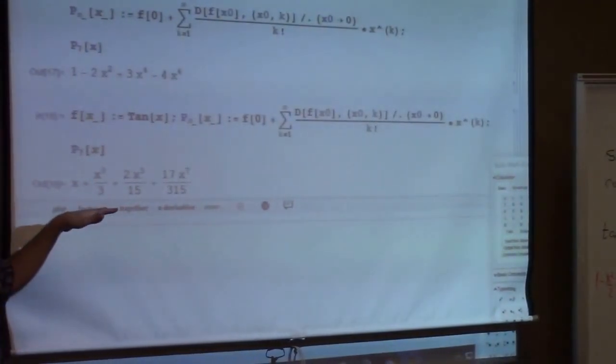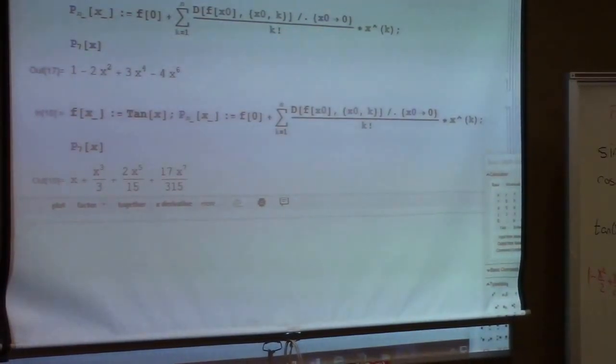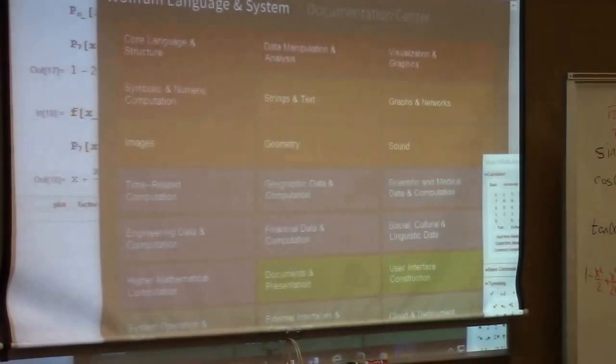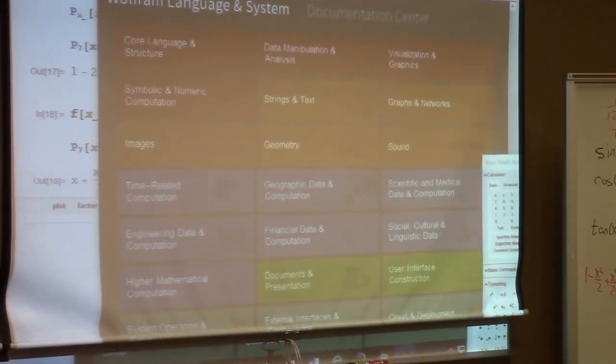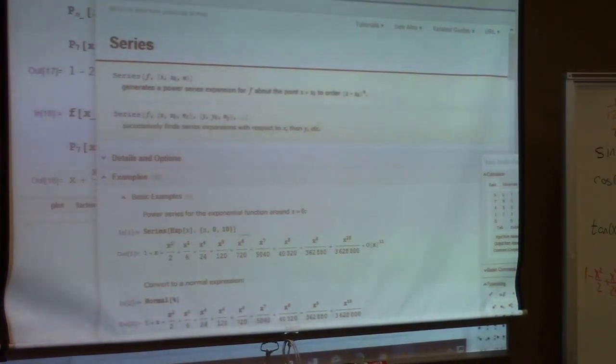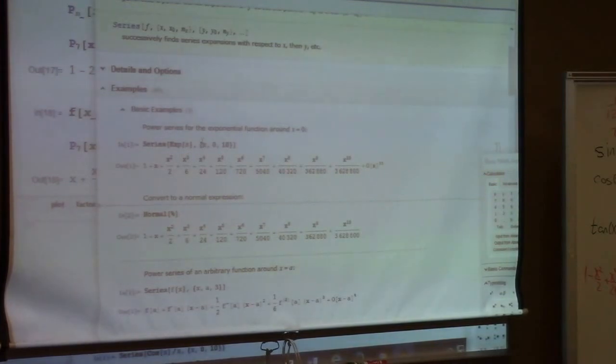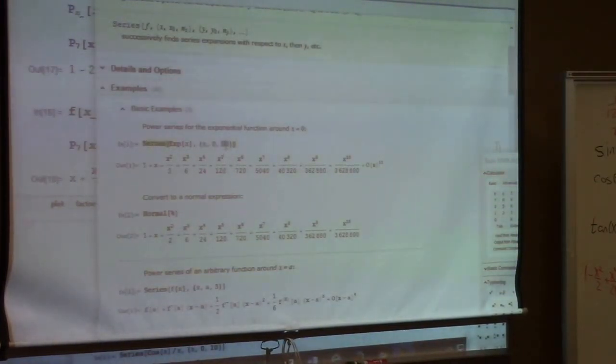By the way, there is a built-in Mathematica command to do this. It's called Series. You can look up the syntax in the documentation center. The syntax is like this: Series, your function, x is centered at 0 in this case, and then essentially the first 10 non-zero terms.